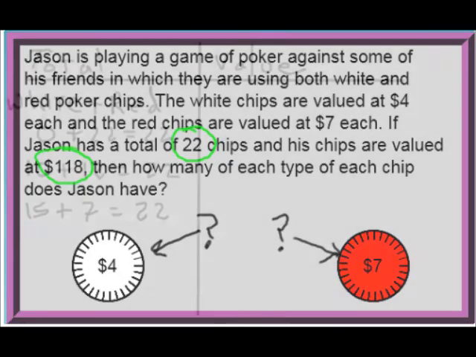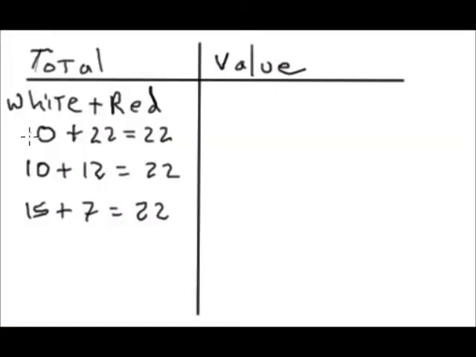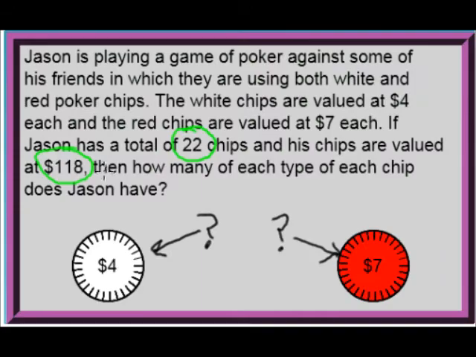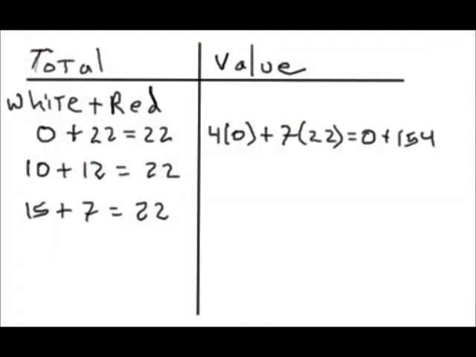So here's my first example, 0 and 22. $4 times 0, because I have 0 whites and each white is worth 4, plus $7 for each red times 22 is equal to 0 plus 154, and that's equal to 154. Well, that's not right because my total value needs to be 118 as stated in the given information, so that doesn't work.